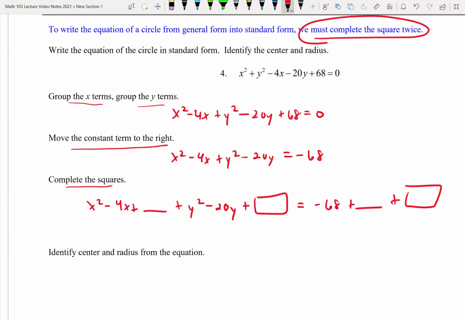To complete the square, if you forgot how to do this, you can revisit our quadratics video where we completed the square. Remember, you take half of b and then you square it. So half of negative 4 is negative 2, squared is 4. Half of negative 20 is negative 10, squared is 100.